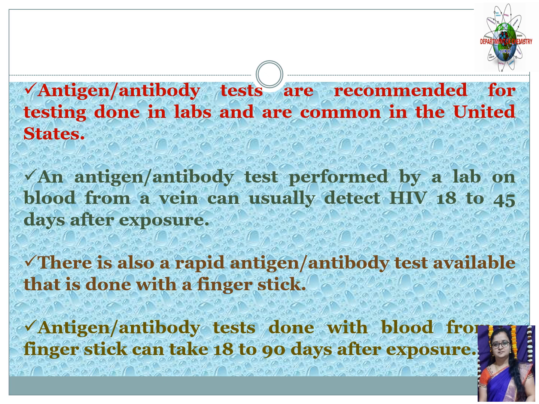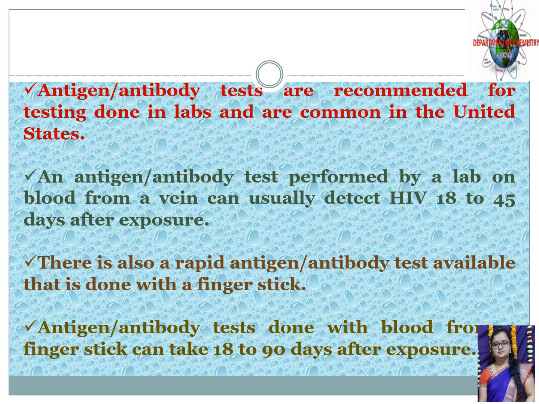There is also a rapid antigen antibody test available that is done with a finger stick. Antigen or antibody tests done with blood from a finger stick can take 18 to 90 days after exposure. That means in order to test positive, these tests take 18 to 90 days after exposure.